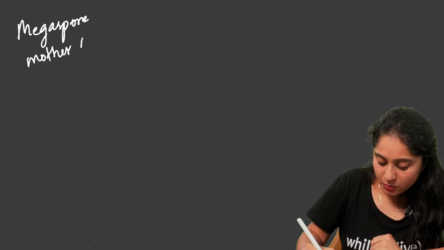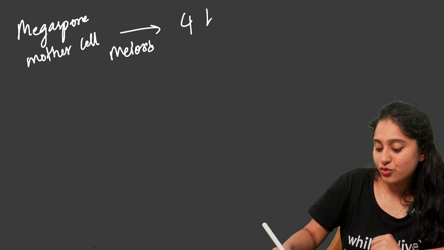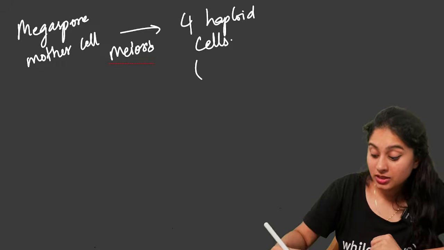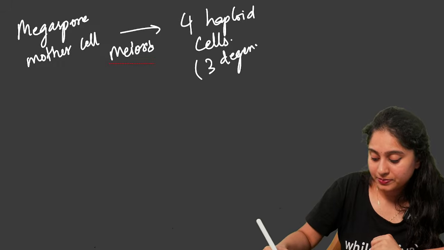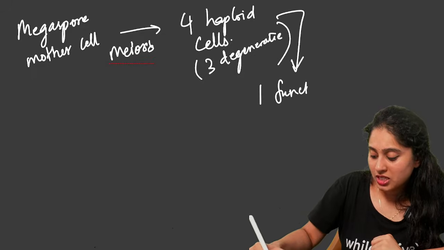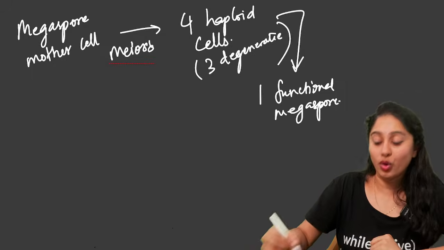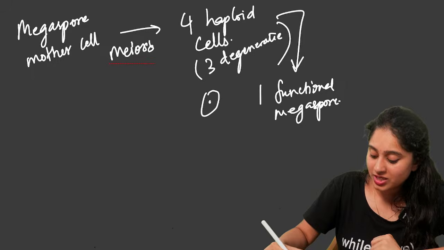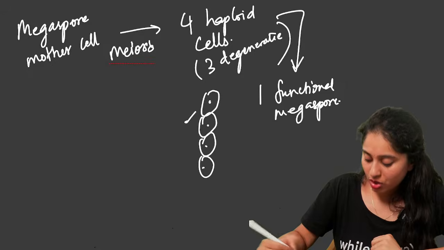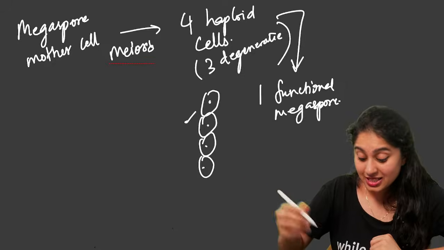Now this megaspore mother cell undergoes meiosis and produces 4 haploid cells. But of these, 3 will degenerate, and only 1 functional megaspore is present. This one functional megaspore will now divide into 2, then 4, then 8 nuclei.